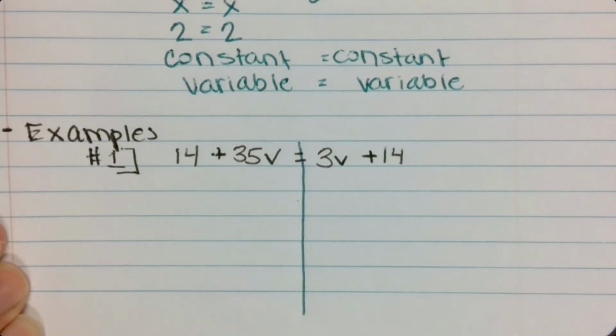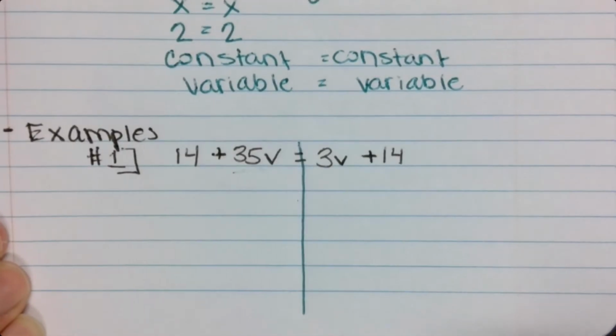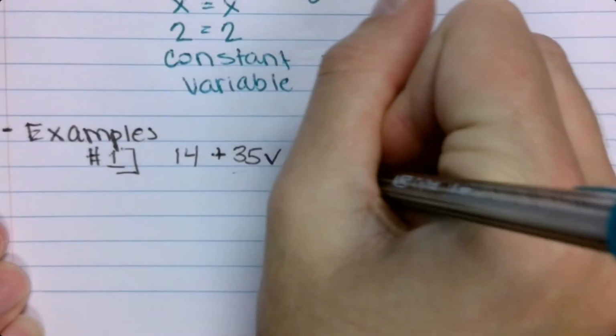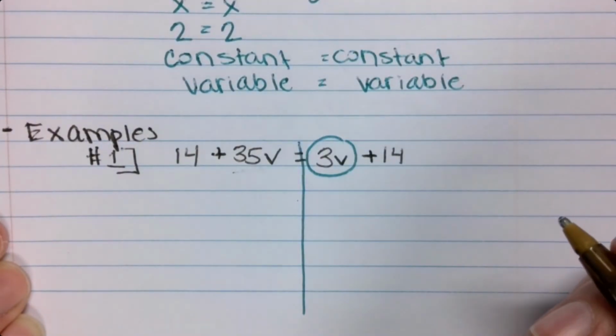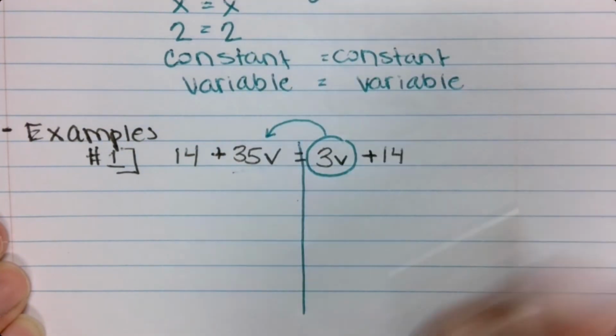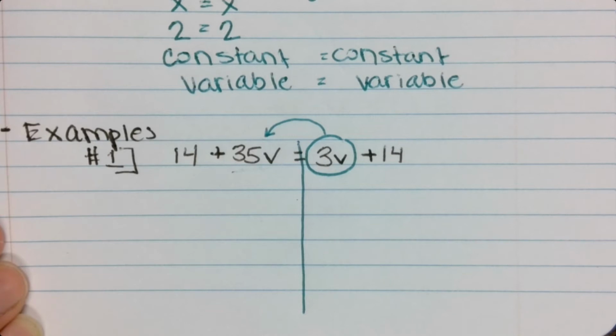So remember, we like to have our letters on the left. Okay? So I want to move this on this side. I'm not separating the 3 and the v, I'm literally moving it to the other side.